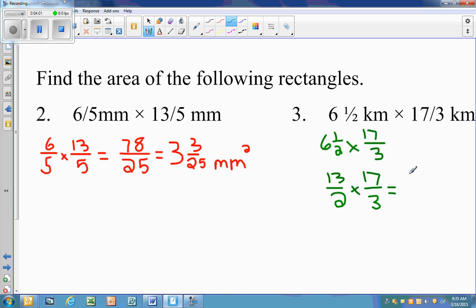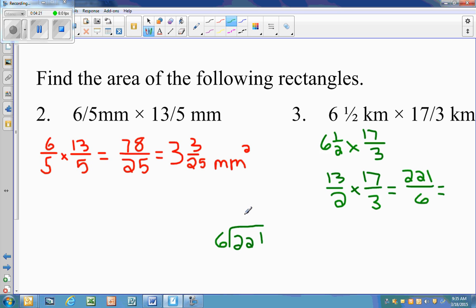I leave it so that it's shown, and I end up with 221/6. So now I have to divide 221 by 6 to get a mixed number, and I can do the division over here.